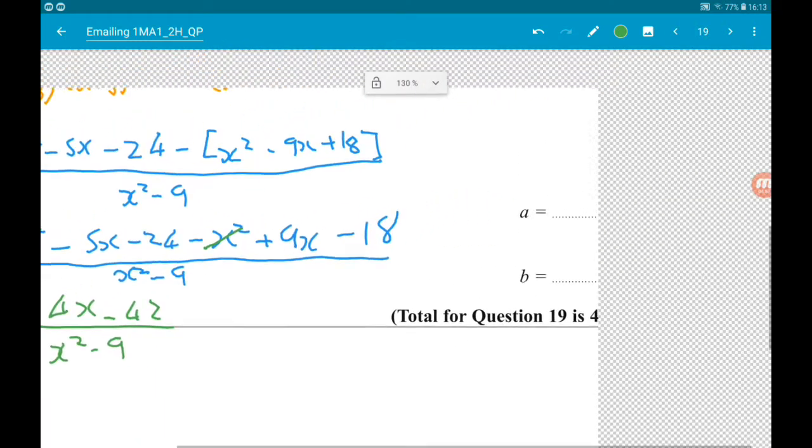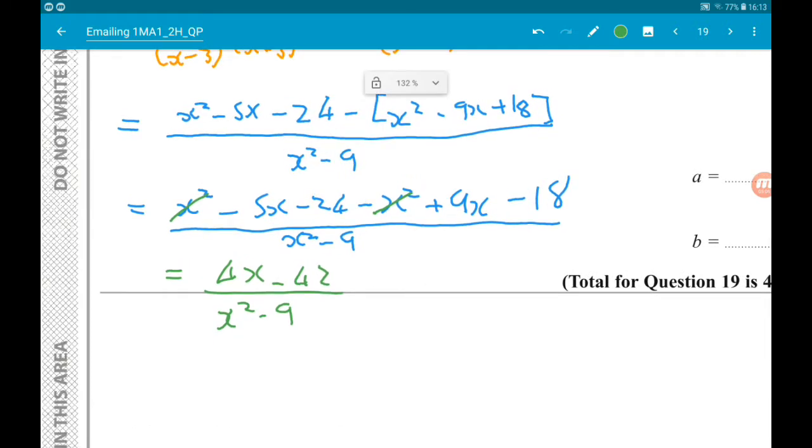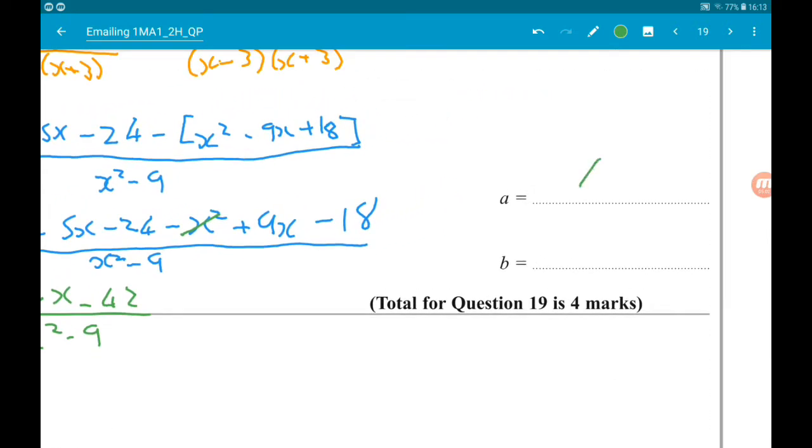So for the answer, they wanted the values of a and b, so a is 4, b is minus 42. Cool.